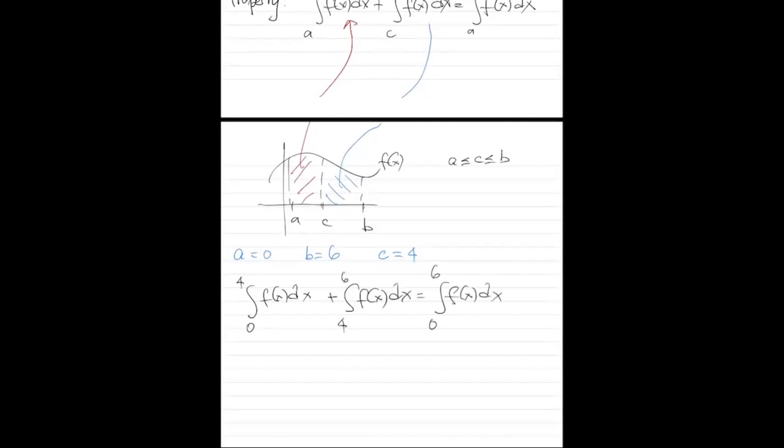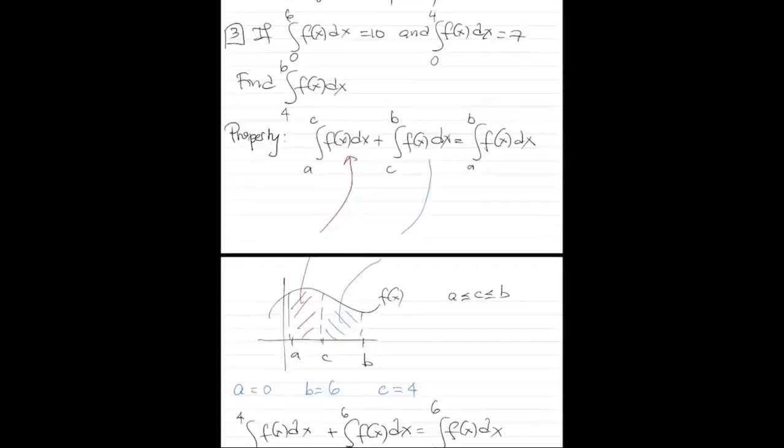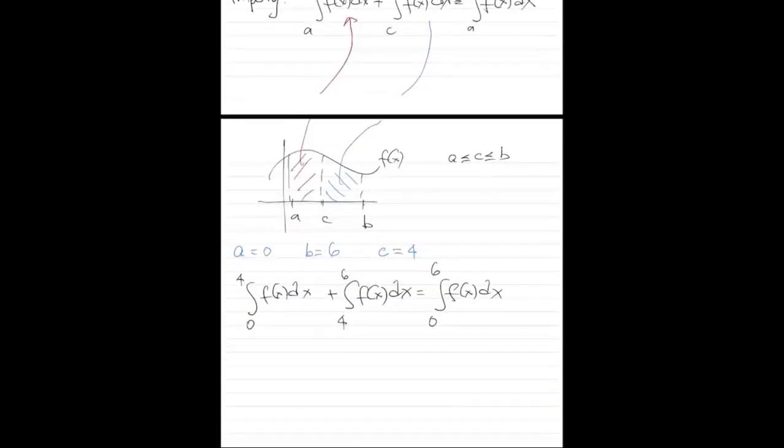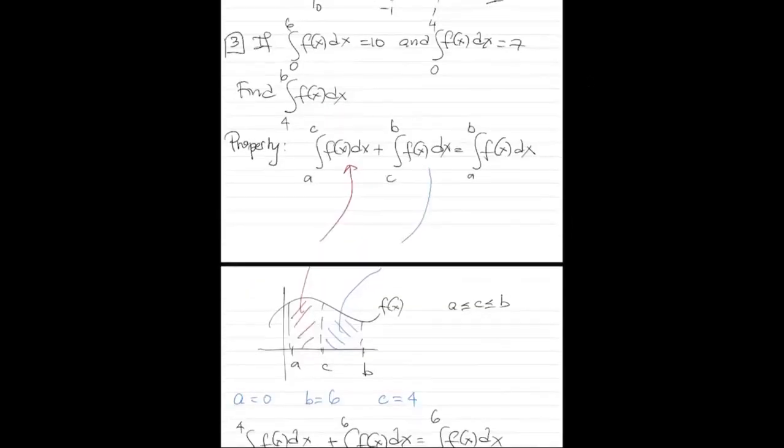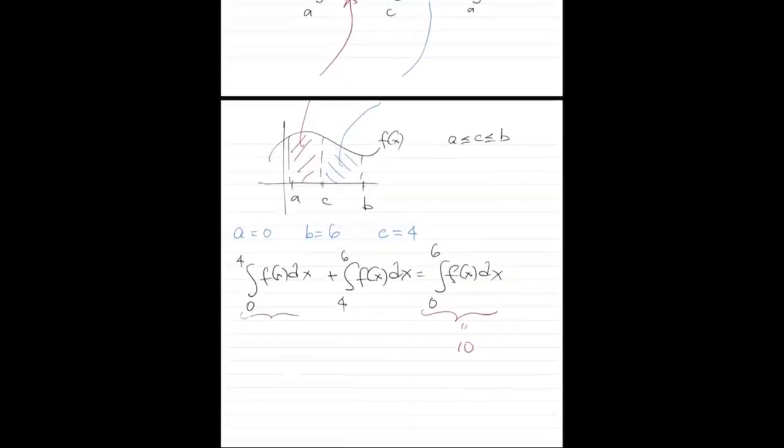Now we can substitute. What is given is that 0 to 6 is 10, so this integral over here is 10. And what else is given? 0 to 4 is 7, so this one here is 7. So what's left is that our integral from 4 to 6 should equal 3, right?